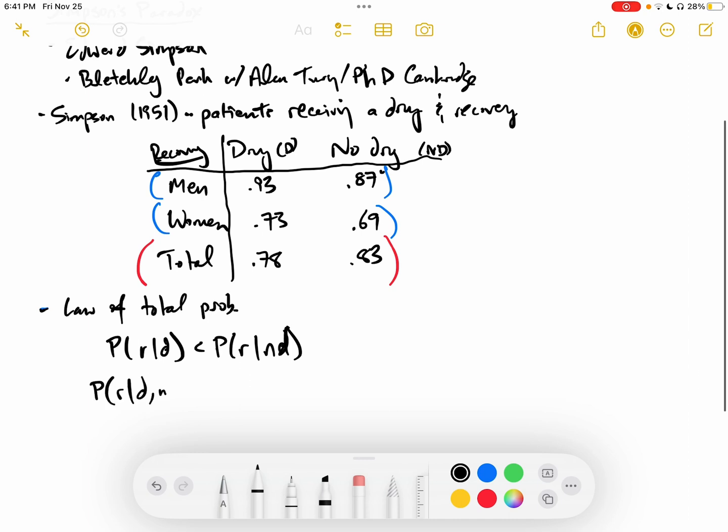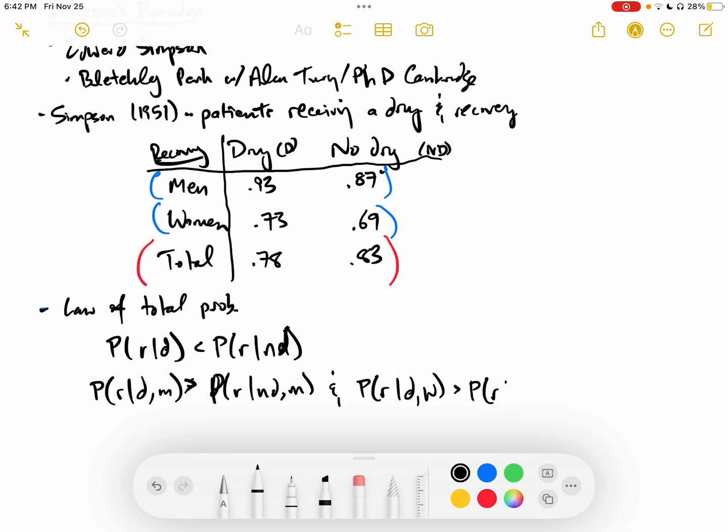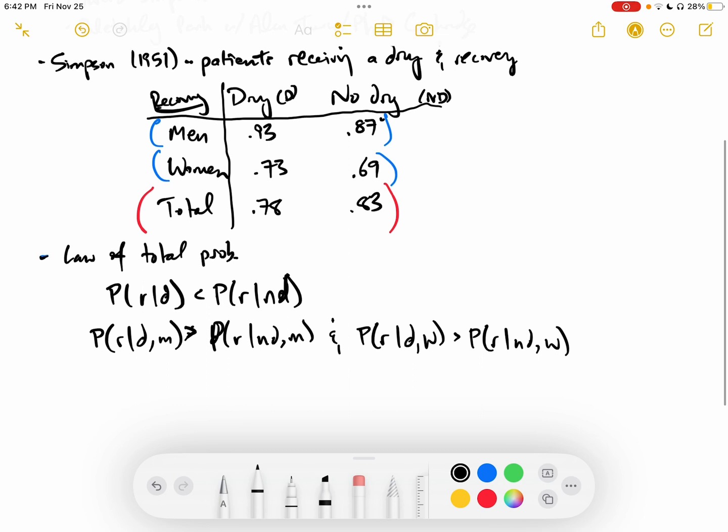So P of R given D and M is, of course, greater than P of R given ND, M, and P of R given D woman is, of course, greater than P of R given no drug woman. So that is seemingly at odds with what the law of total probability would tell us about the way we can rewrite this red expression, right?